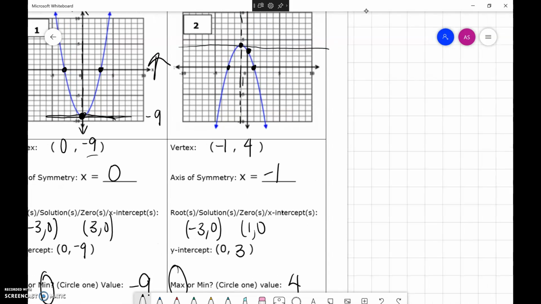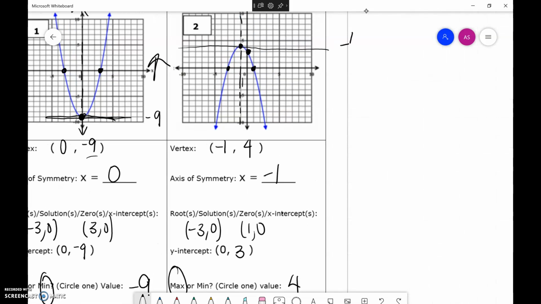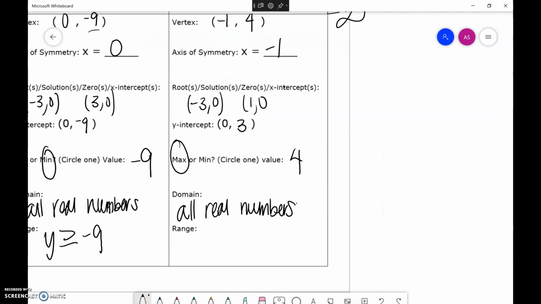And our range, since this is the maximum point, is going to end off at 4 and go down to -infinity. So this time, y is less than or equal to 4.